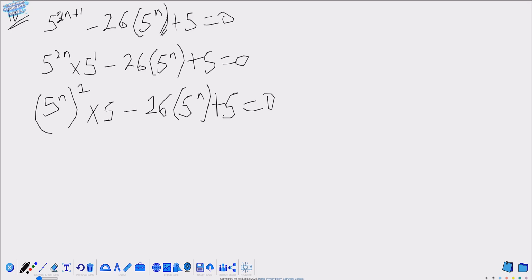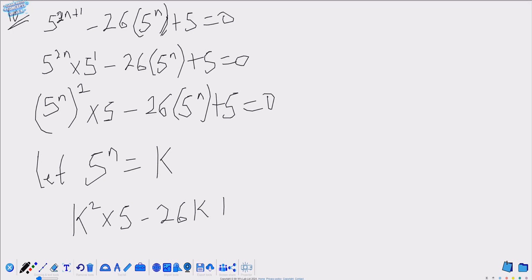So this time let's say 5 raised power n equals k. So it means you have k raised power 2 times 5 minus 26k plus 5. So you have 5k squared minus 26k plus 5 equals 0.